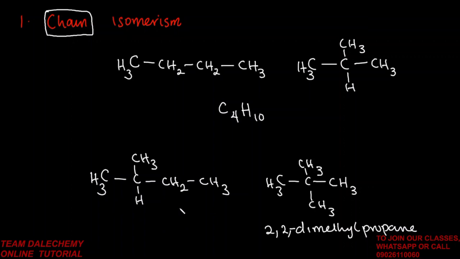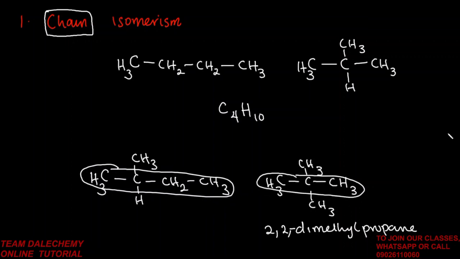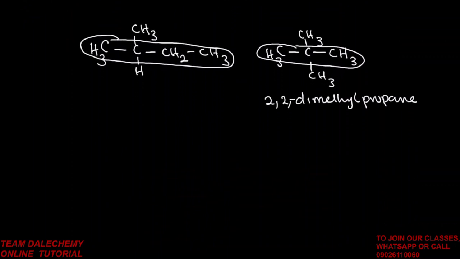The two of them are also chain isomers, but both are branched. The only difference you notice is that one is more branched. This one has 2 branches, and this one has just 1 branch. So one will be more branched, and that's the only difference. They will have different lengths of their chain. This has 4, and this has 3. So that is chain isomerism, or chain isomers.